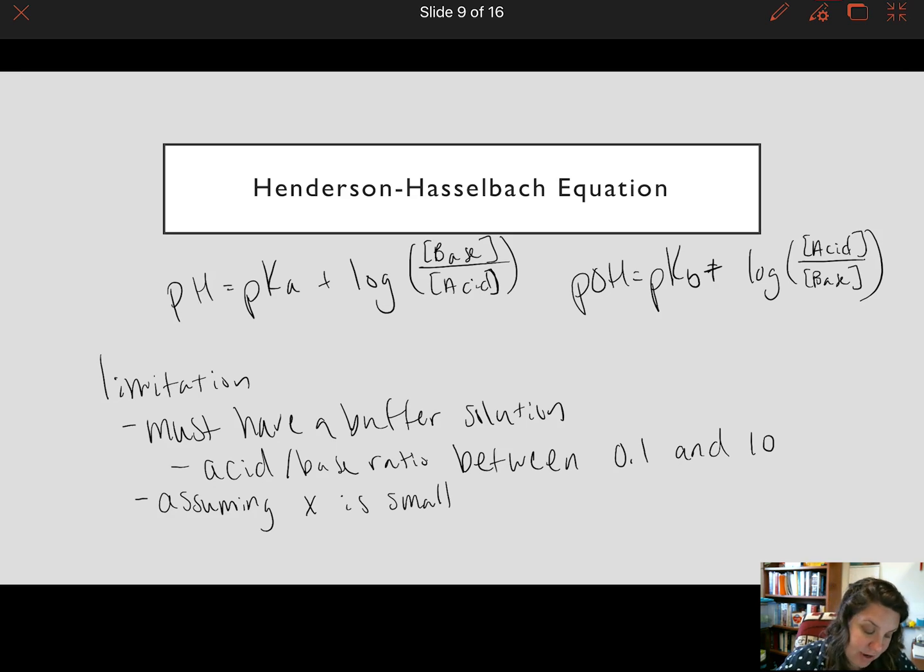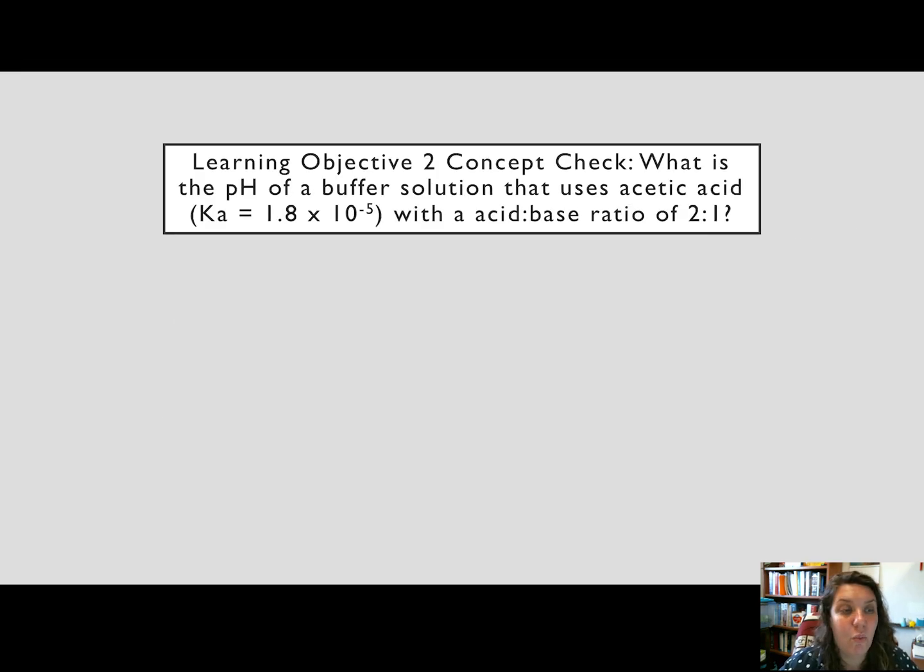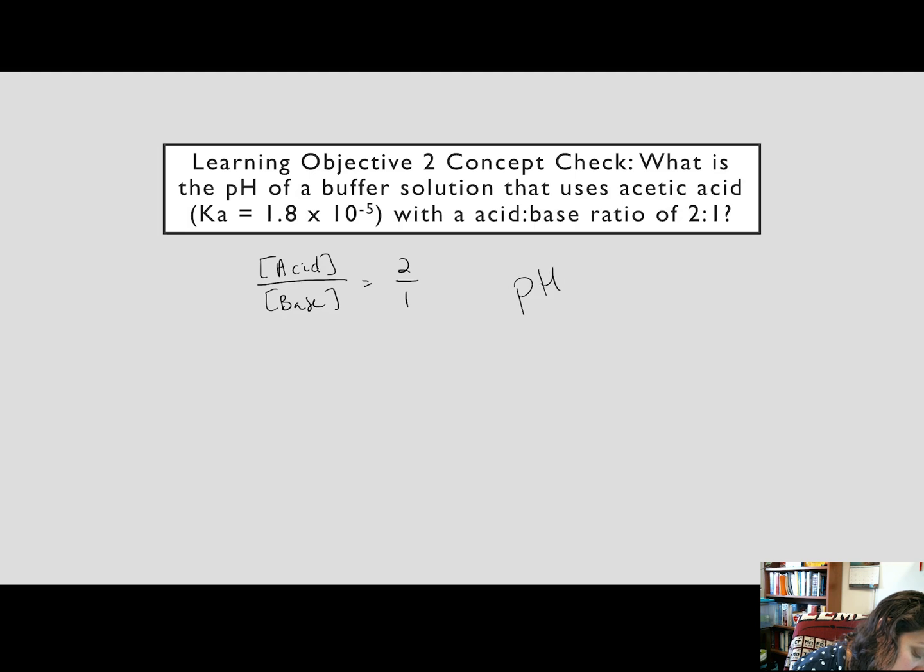Okay, let's try. We want to determine what the pH is of a buffer solution that uses acetic acid with an acid to base ratio of 2 to 1. So we have acid to base ratio equal to 2 over 1. And we want to determine its pH if we're using acetic acid, which has a Ka equal to 1.8 times 10 to the negative 5.